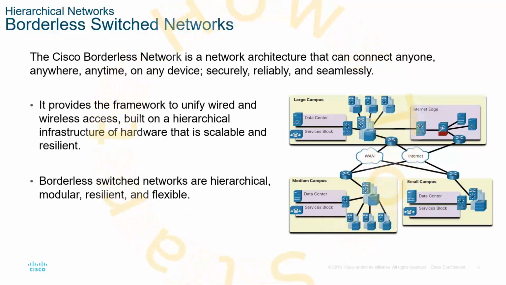Resilient means it can recover; it can be damaged and still be functioning. Borderless switched networks are very hierarchical, modular, resilient, and flexible in nature, meaning they can adapt based off of the requirements that are being thrown at them.